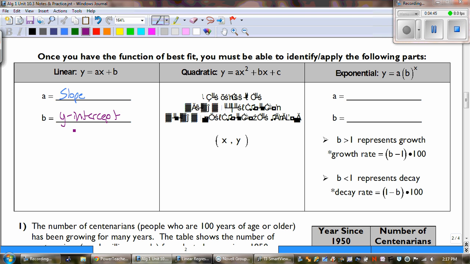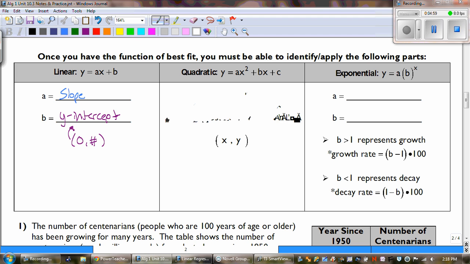Our y-intercept is always 0 and a number. The vertex is the maximum, the highest point, or the minimum, the lowest point of the parabola.